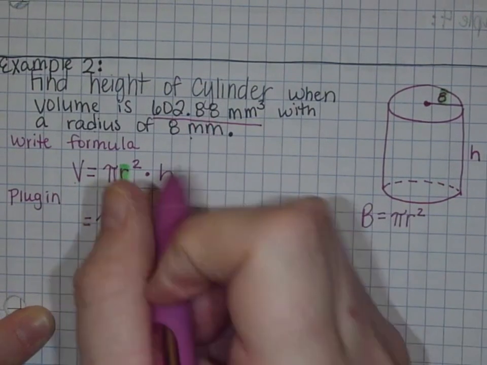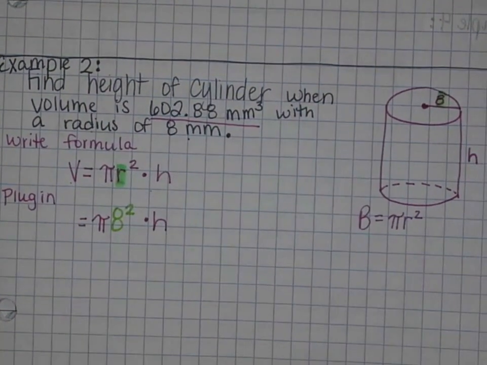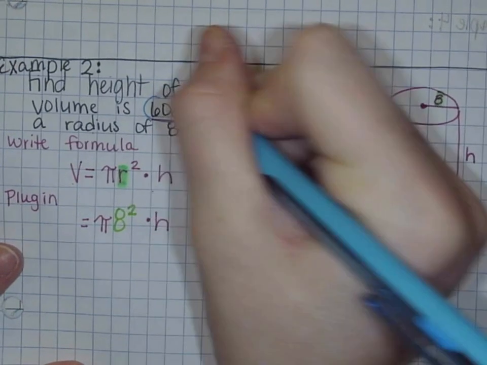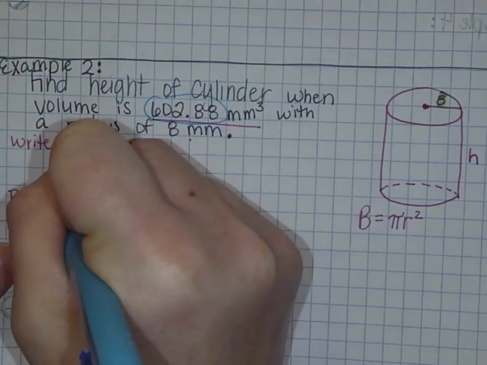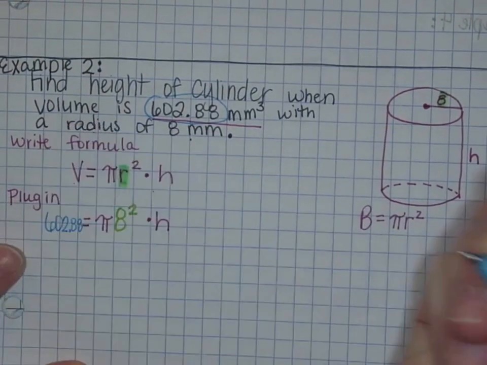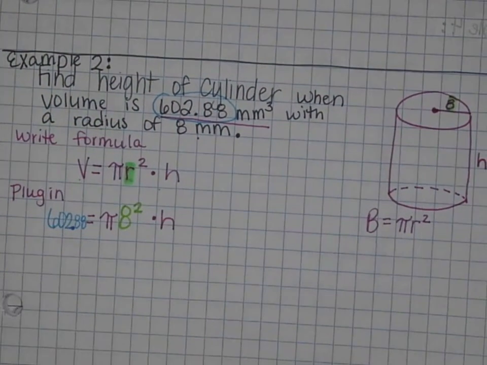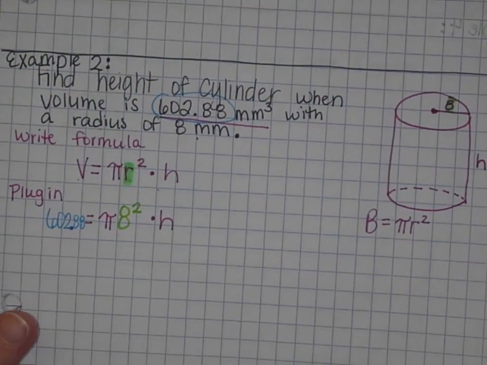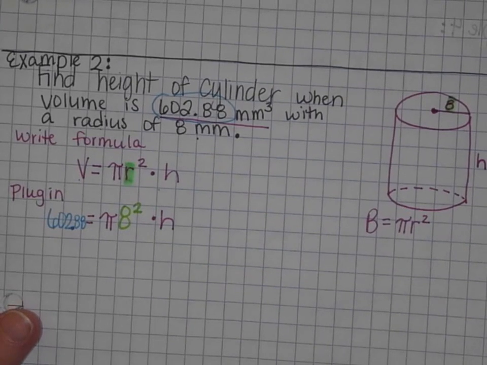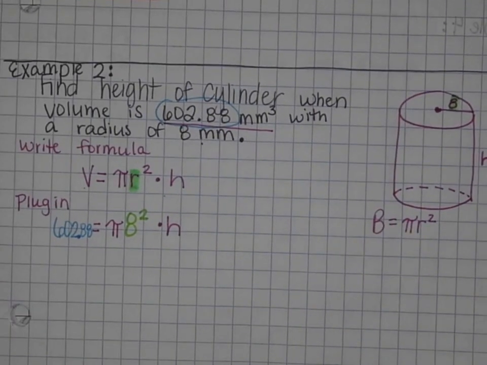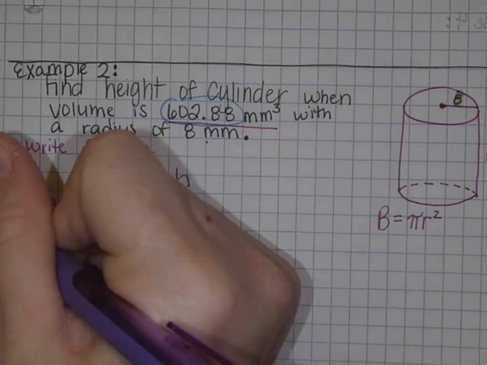And then V is 602.88. Almost ran out of room there, sorry. Okay, so now we're going to solve.